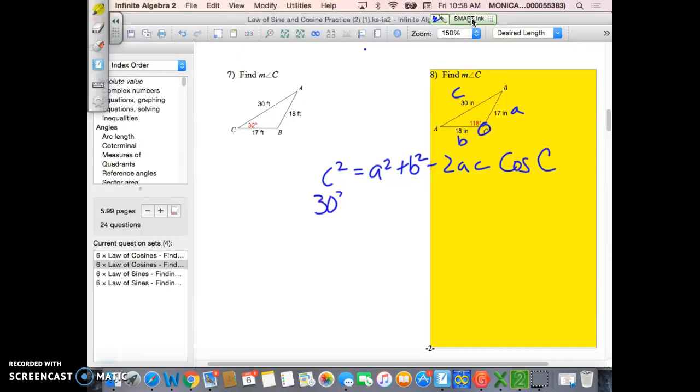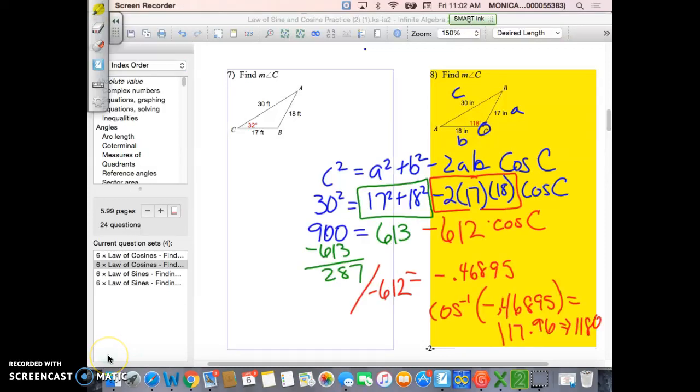So this is 30 squared equals 17 squared plus 18 squared minus 2 times 17 times 18 cosine of C. As you notice, I set up my 2 terms, and I solved for this part.